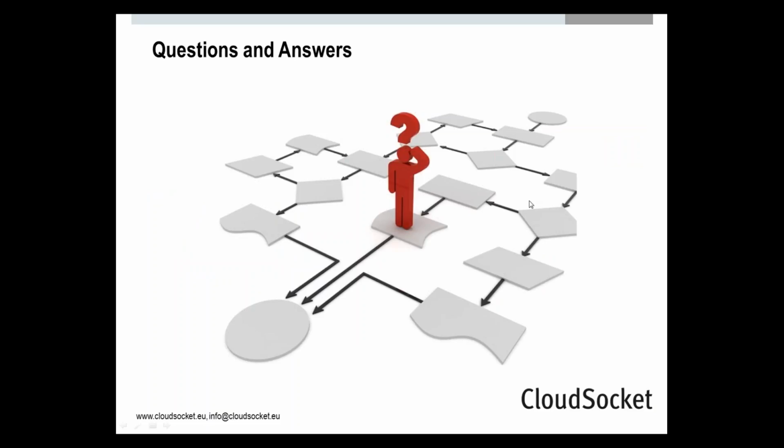Let me summarize what we have seen here. We have introduced the CloudSocket project. We have focused on the workflow engine. We have seen the functionalities that it has, what we want to cover in the next steps, and you can see this short demo focusing on the execution environment. That allowed us to identify a business process that we needed in order to increase the productivity of our company, to buy it, to deploy it automatically in the cloud, and to use it.